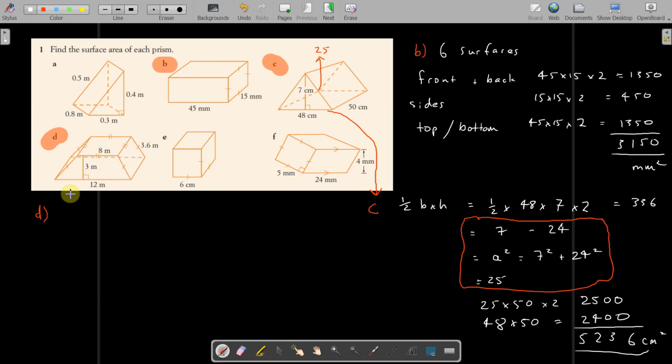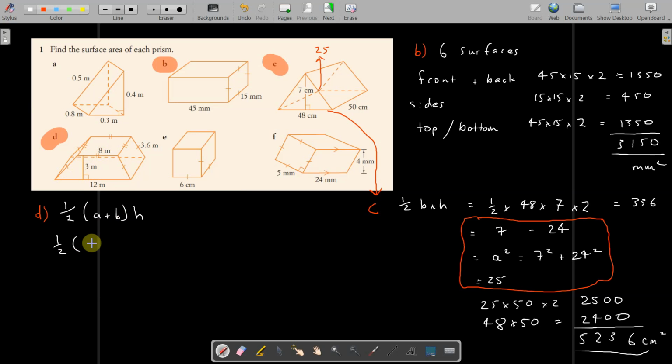Okay, D. We have a trapezium as a prism. Trapezium area, half A plus B, H. And that translates to half times A plus B, where A and B are the two sides that are parallel, which happen to be that one and that one.